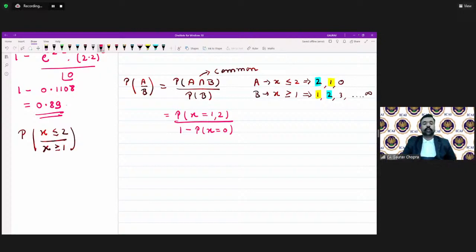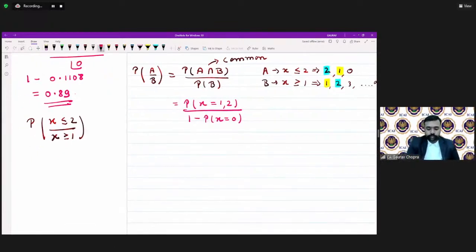This is the main way to solve the question. This is the main understanding which we have to apply here. All right. Now we can apply the values. You can solve them separately and then divide, or you can put the values in at one go also. There is no problem.